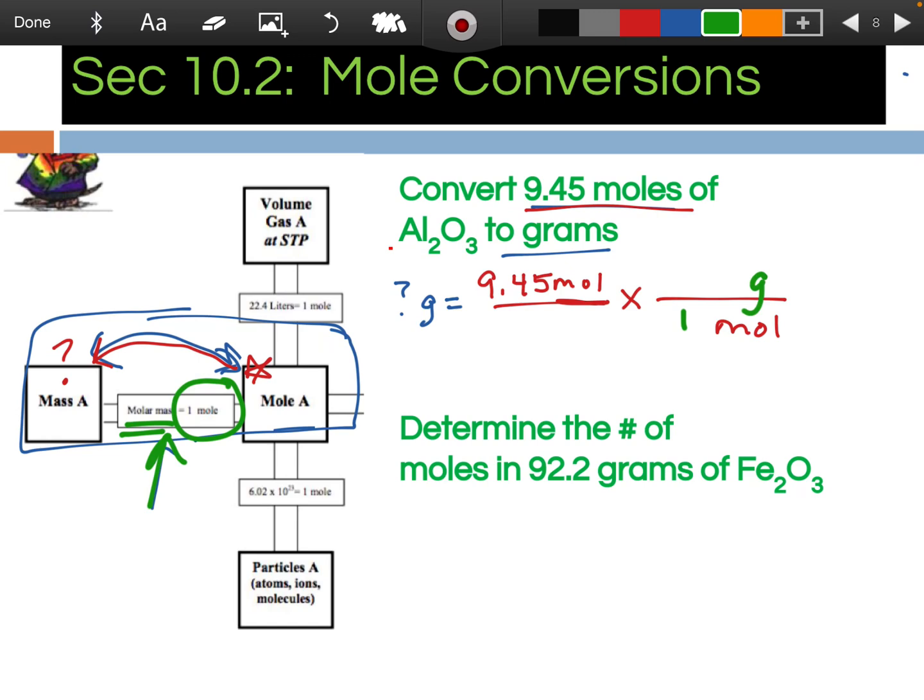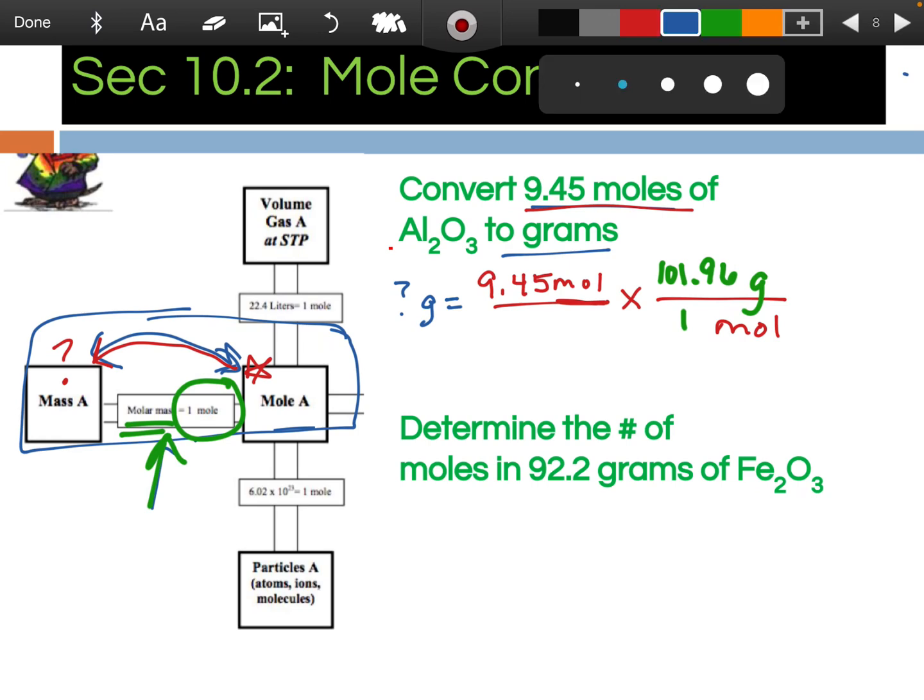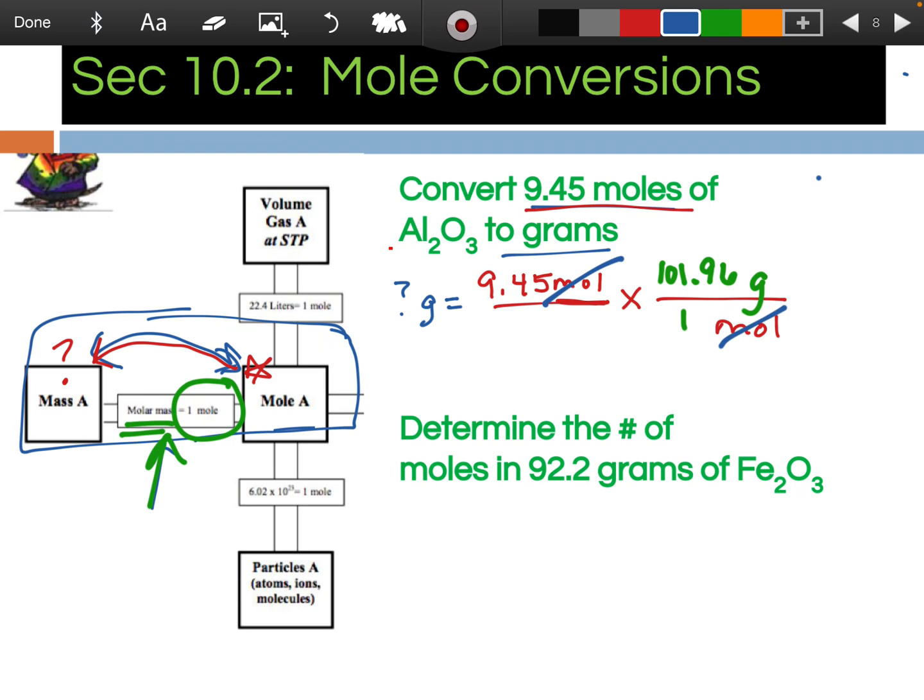So aluminum is 26.98 times 2 plus 3 times oxygen. That gives us a molar mass of 101.96. So once I have my conversion set up, moles is going to cancel out with moles. I'm left with grams, which is what I want. So I know that I'm done.